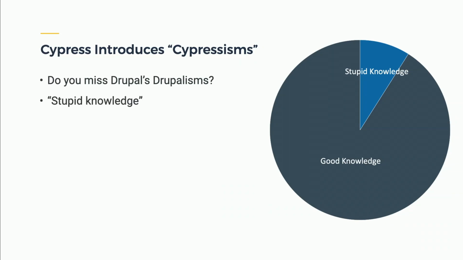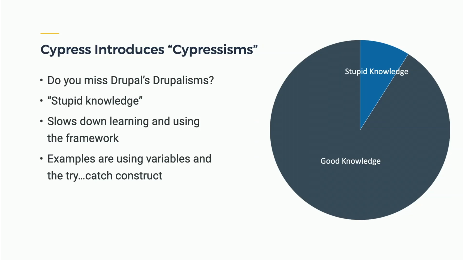I got that from some other presenter. So a lot of software has a lot of stupid knowledge, where you have to know it, otherwise something isn't going to work. But you shouldn't have to know it. That's this category of knowledge in Cypress. It has a fair amount of things like that. And so the Cypress-isms slow down learning when you have new developers using the framework.